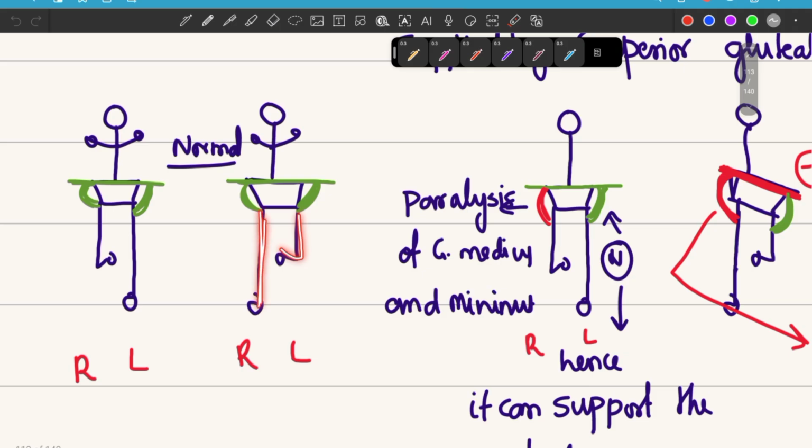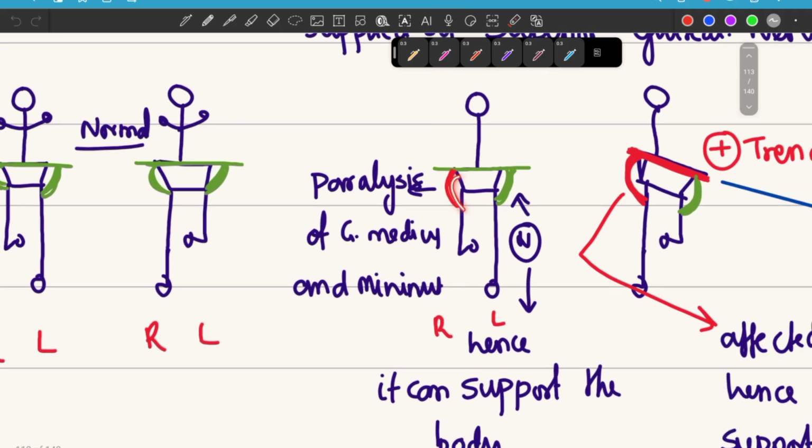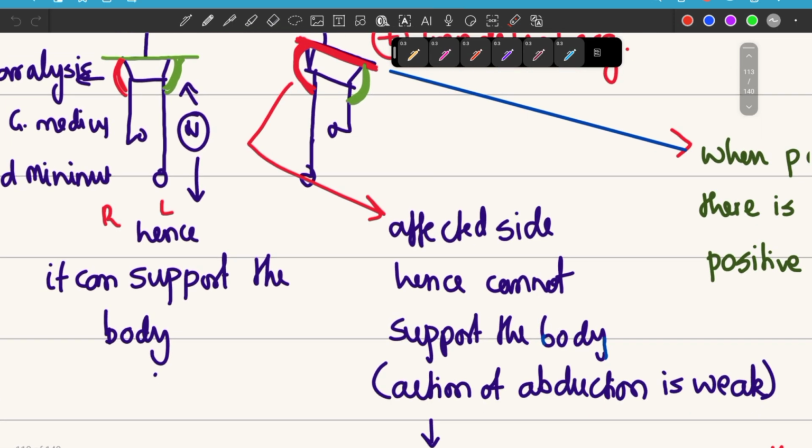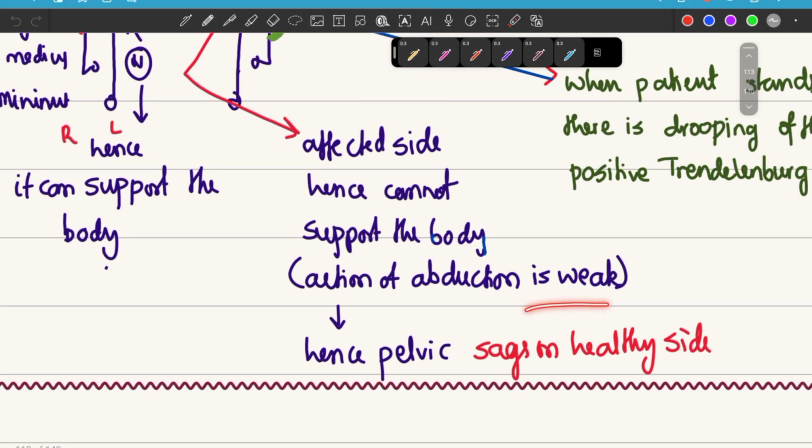But when the right side is paralyzed, when he takes off the right foot from the ground, the left side is normal, hence it will support the body. But when the left foot is off the ground, no one is there to support him because the right side is paralyzed, because of gluteus medius and minimus muscles, which are supplied by the superior gluteal nerve.